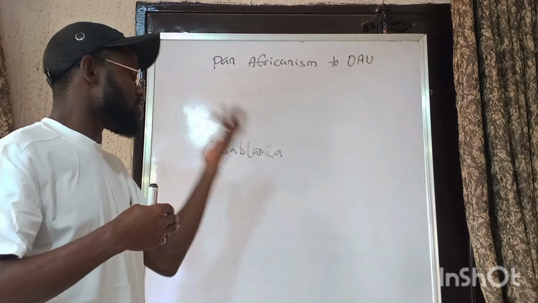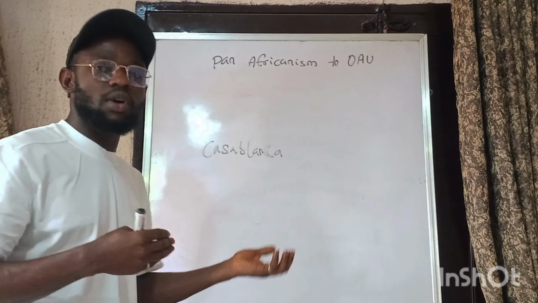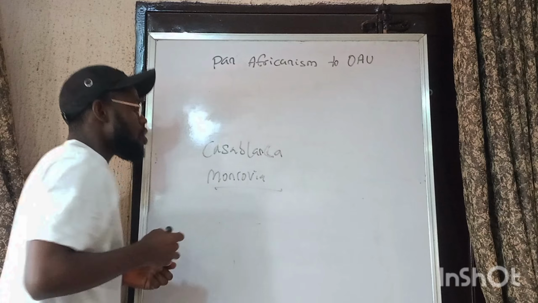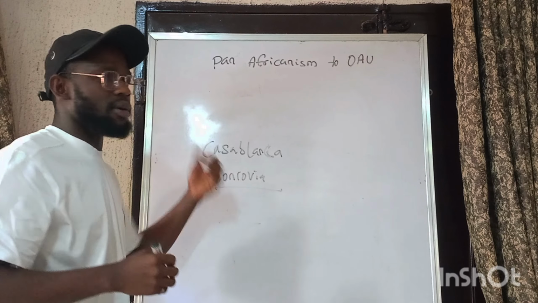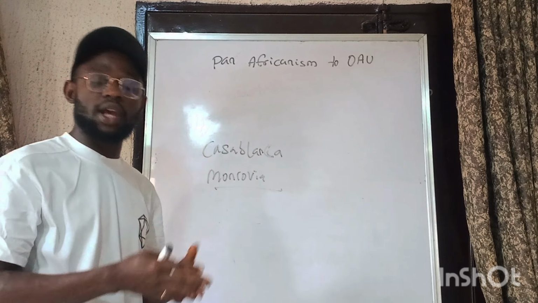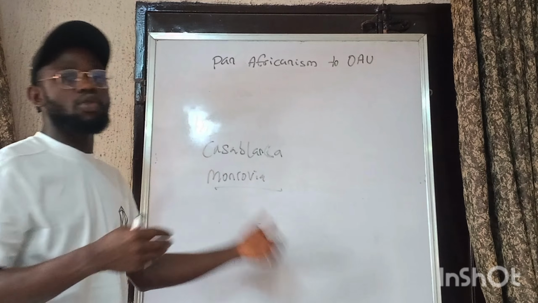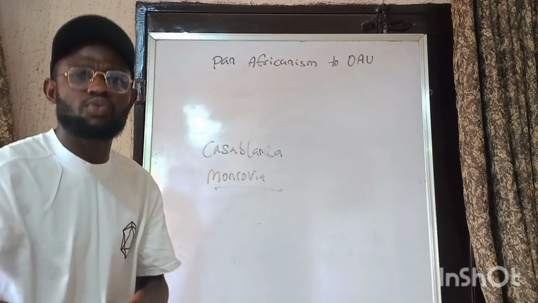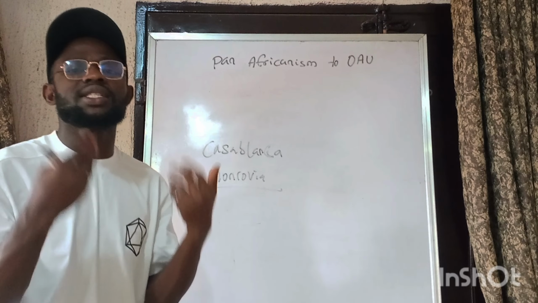But don't stop there. We also have other blocs too. We have Brazzaville, but that is not really necessary for this exam. The other one you need to know is the Monrovia bloc. The Monrovia bloc was actually headed by Nigeria. There were other countries in the Monrovia bloc. But what are the questions you will see in your exam over time?